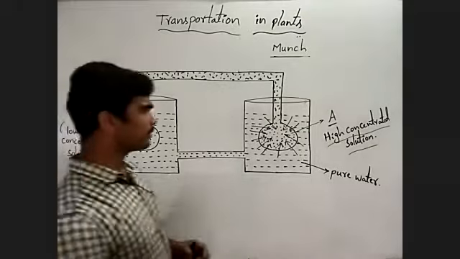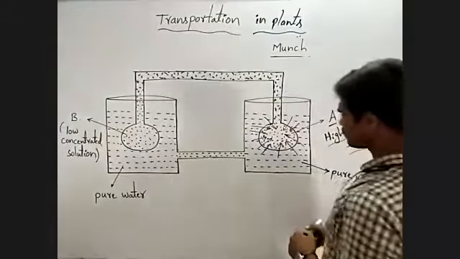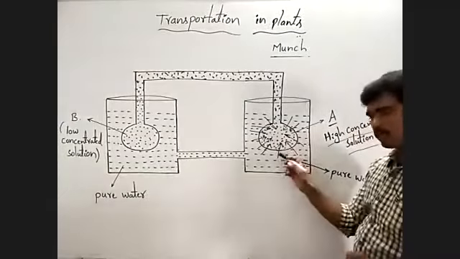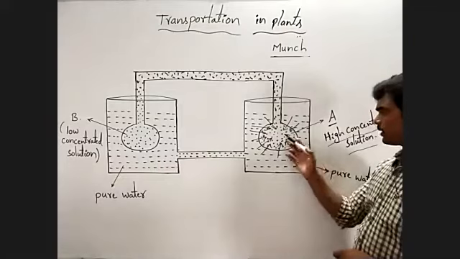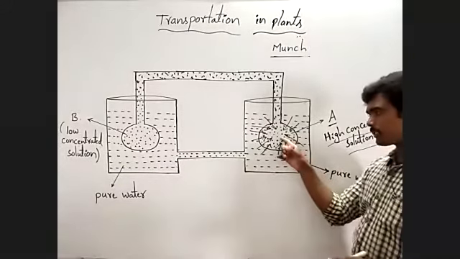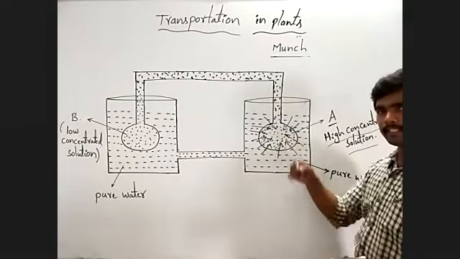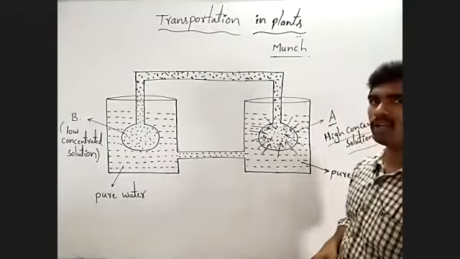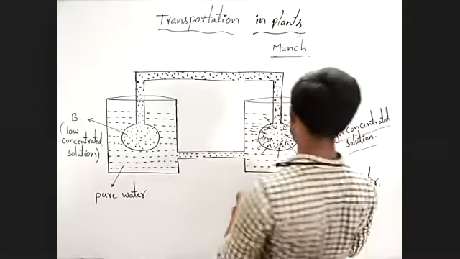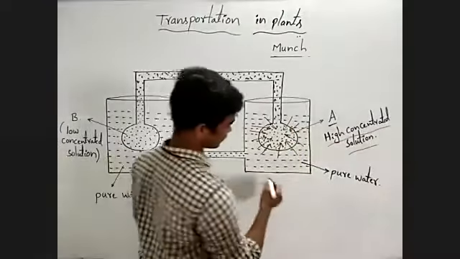Now what will happen? Whenever more water enters the osmometer A, high pressure is created inside the osmometer. High pressure means osmotic pressure.